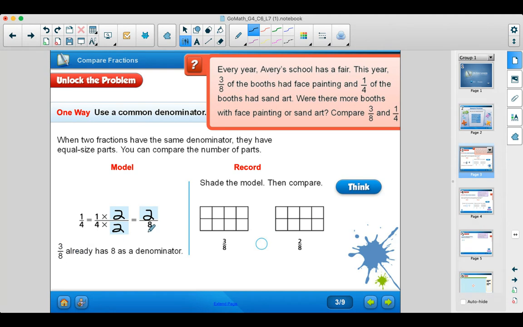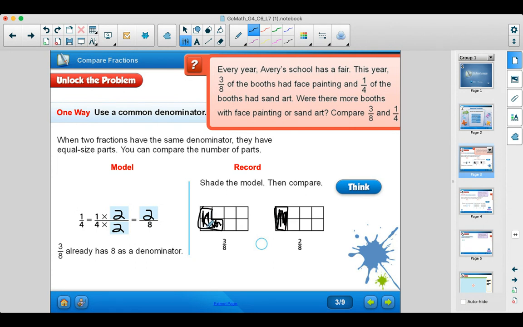So now we can compare it. Let's shade in the model. 3/8. Okay, that's 3/8. And let's shade in this model. 2/8.